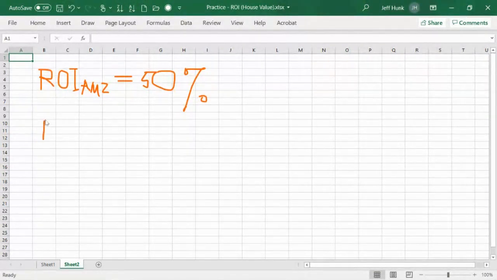This is drawing with the mouse, so it's not really neat. Return on investment in the bank is your interest rate, right?